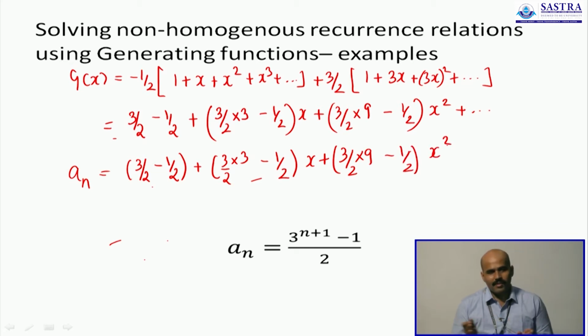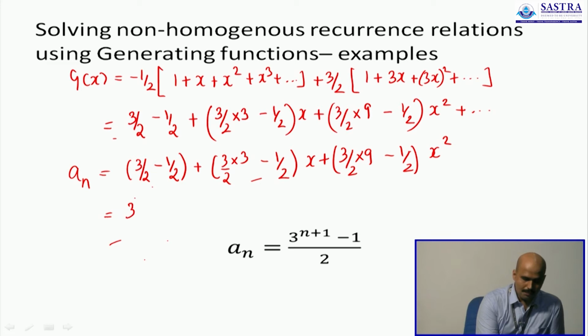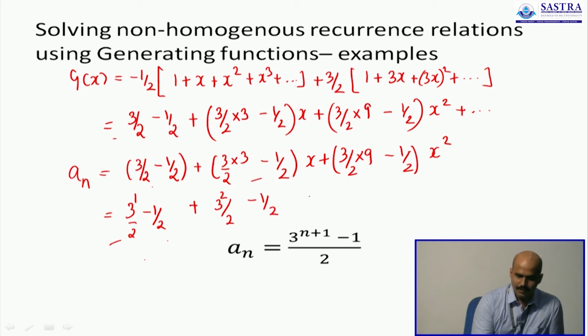So can we have a general formula? It turns out that we can, in fact. So this is 3 power 1 by 2 minus 1 half plus 3 power 2 by 2 minus half times x plus 3 power 3 by 2 minus half times x square, and so on.